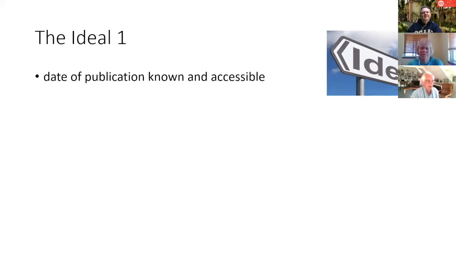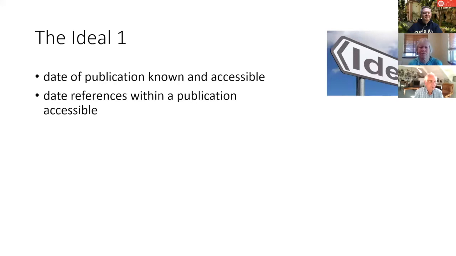The date of publication is often not known. You've got a piece of text and you've no idea when it came from, or the date on the operating system on your hard disk, the date that the computer thinks about, is a recent date, and the actual piece of text is from a couple of hundred years ago. So we don't match up with the ideal at all.